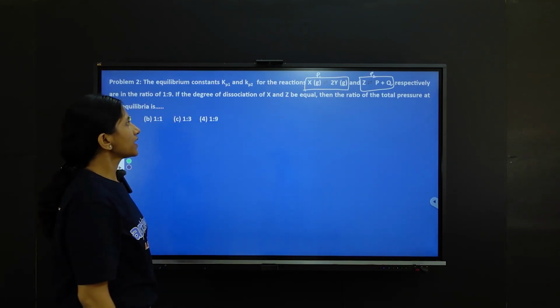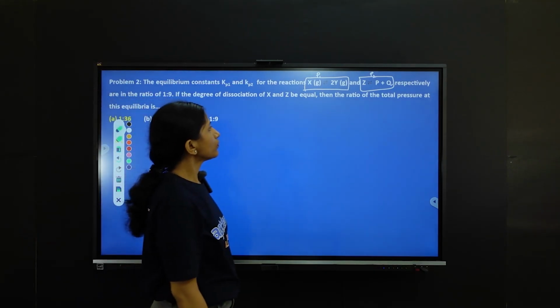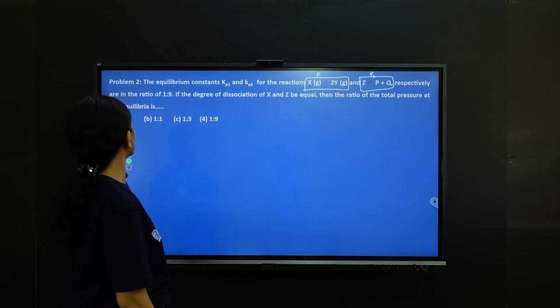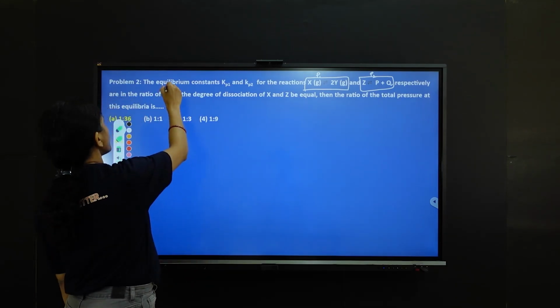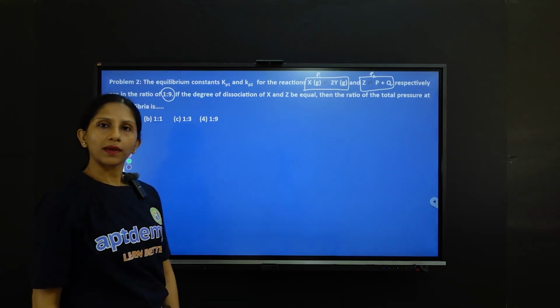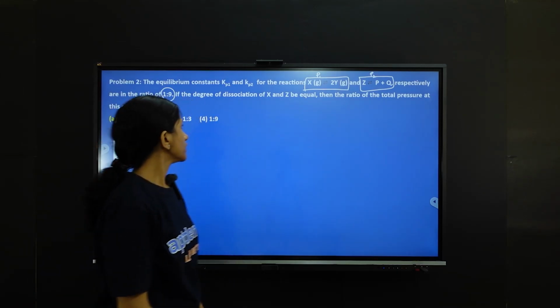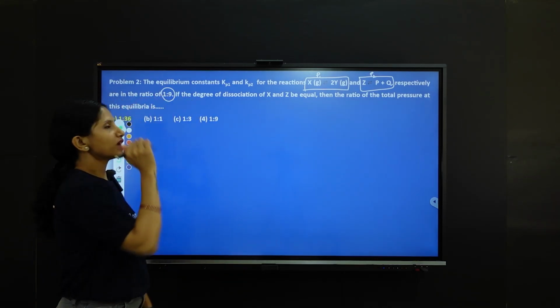And it is saying that Kp1 and Kp2 for these given reactions respectively, the ratio is 1:9. So Kp1 is to Kp2 is given as 1:9.